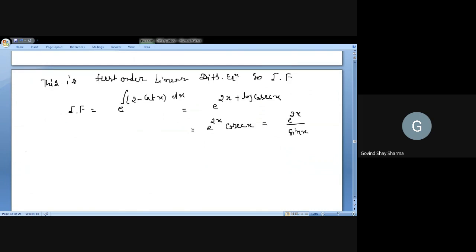Okay. Now the solution of the equation becomes z dot IF is equal to integral of sin x upon sin x, z is equal to e to power 2x upon sin x.